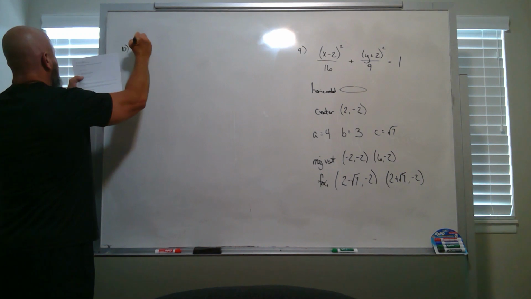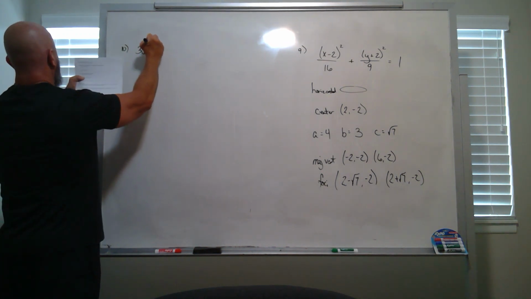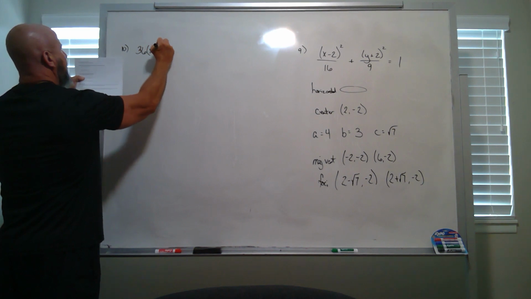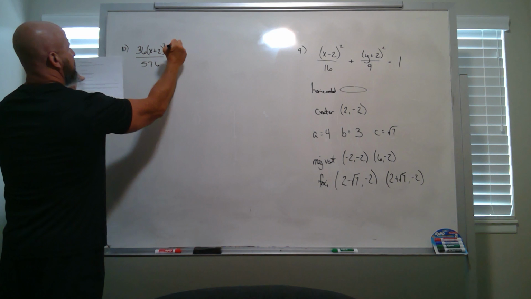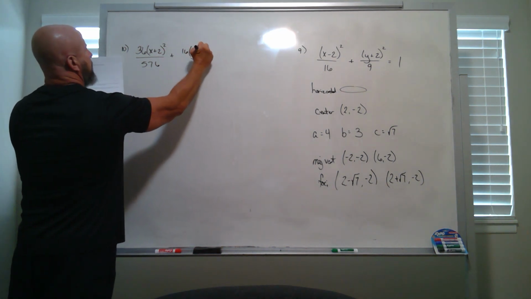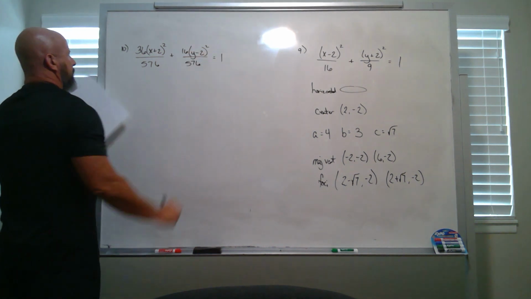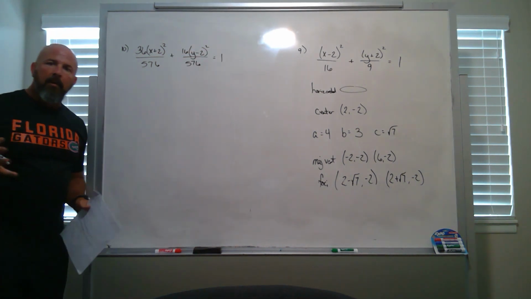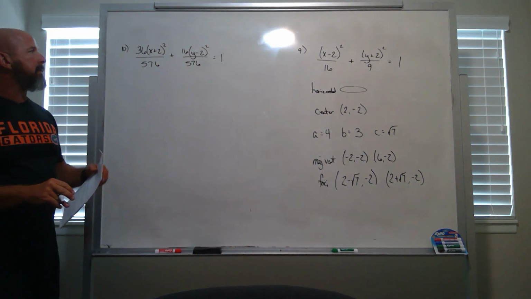Number 10 is not in standard form. So one of the things that I want to do is divide everything by that 576, because that's going to put it in standard form. Now it's not quite there. I wanted to show the division. I've got 576 underneath each piece.